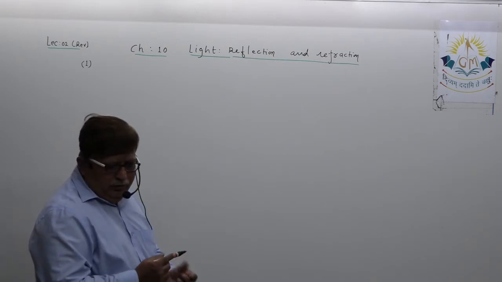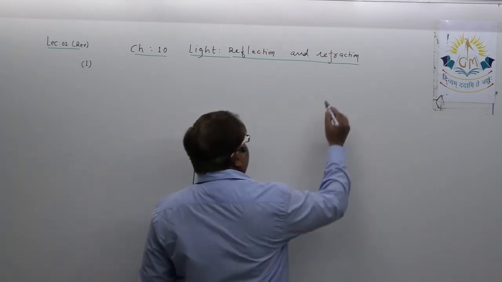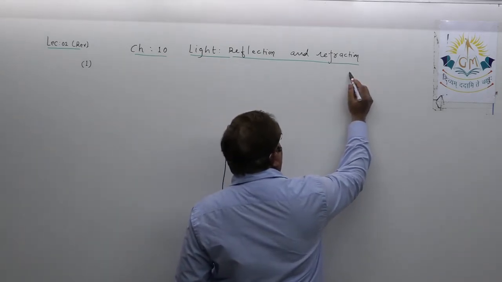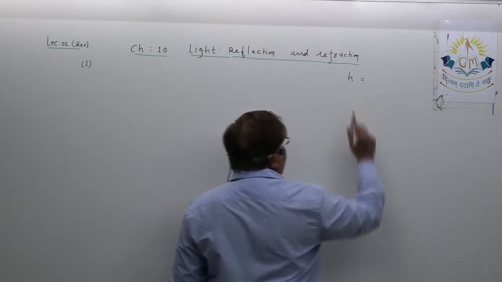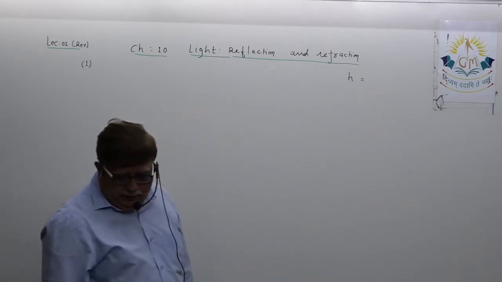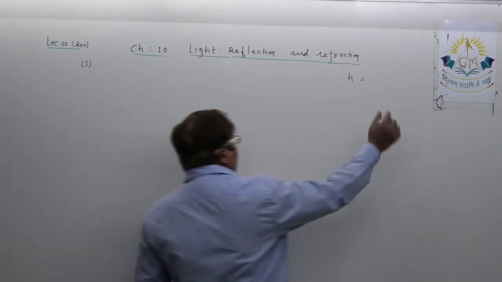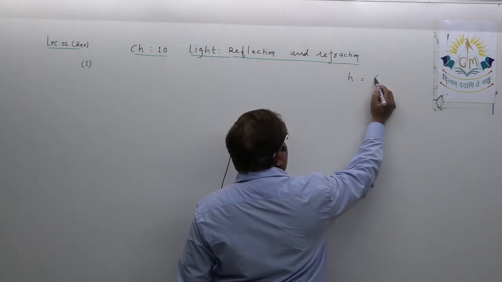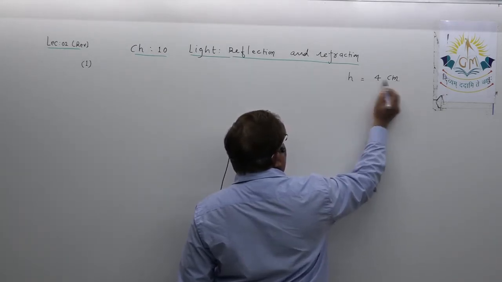What is the data? The size of the object has been given. I am writing the data here. H is given, the height of the object, that is 4 centimeter. Please concentrate.